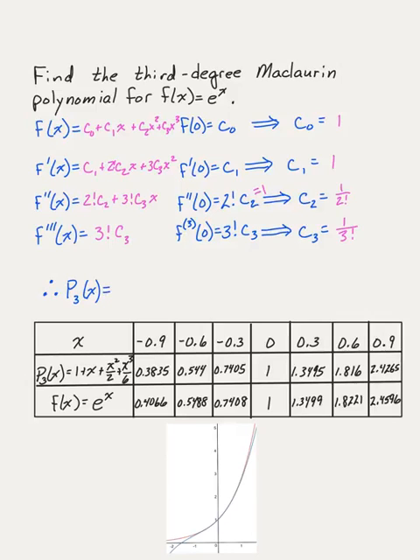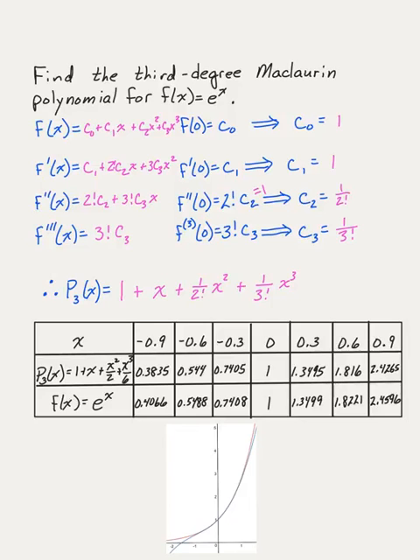So what that gives us then is a polynomial starting with c sub 0 is 1 plus 1 multiplied by x, so we have just simply x, plus 1 over 2 factorial, x to the second power, plus 1 over 3 factorial, x to the third power.